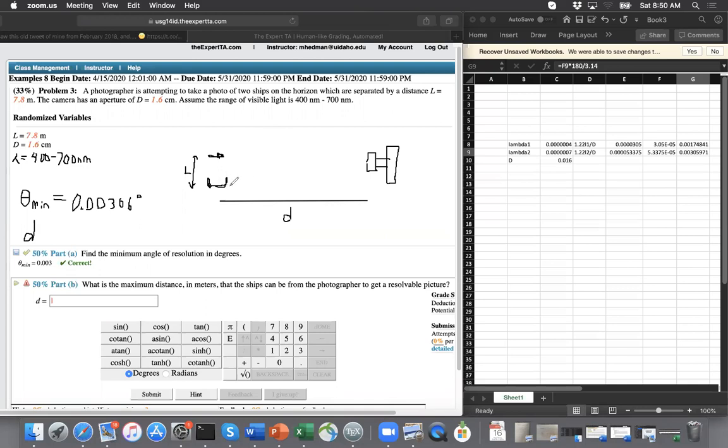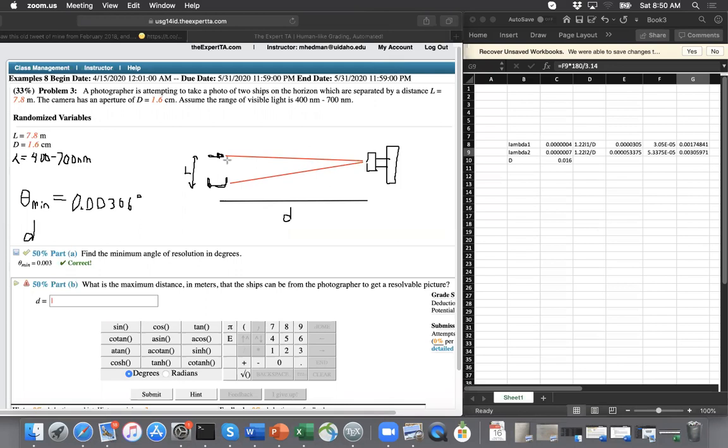Well, this is, again, a triangle thing. We have lines of sight to these two boats. One of them like that, and one of them like that.